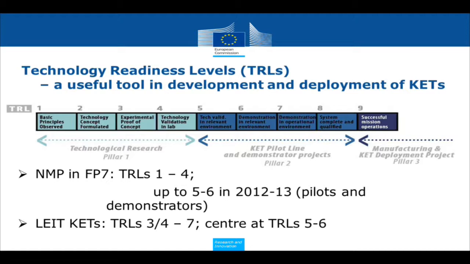What you will see is that in our topics, we never have a topic that is just 7. We have topics reaching 7. The idea is that we expect the bulk of the activities, the bulk of the funding, in such a case to be at 5 to 6, but we also expect the project to reach 7. So the idea is that all the problems that are needed to reach 7 will be solved at what we call TRL 5 to 6 in such cases.